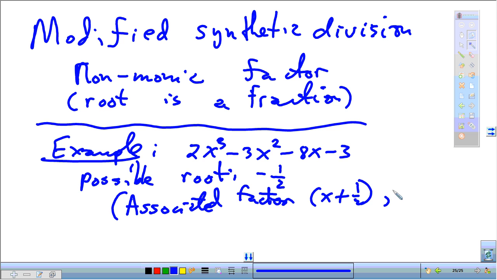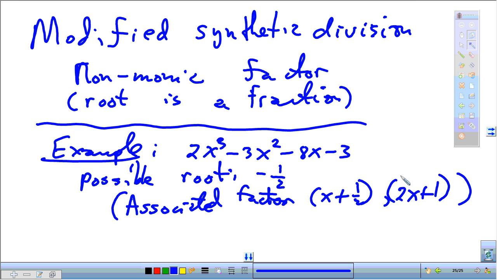But if we multiply that by a common factor, we might think of the factor 2x plus 1 instead of x plus a half. So one way or the other, if we look at the root, we'll have to deal with fractions in our computations.